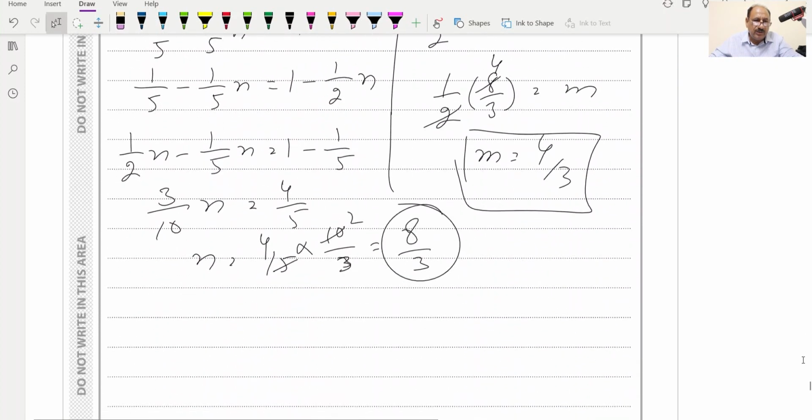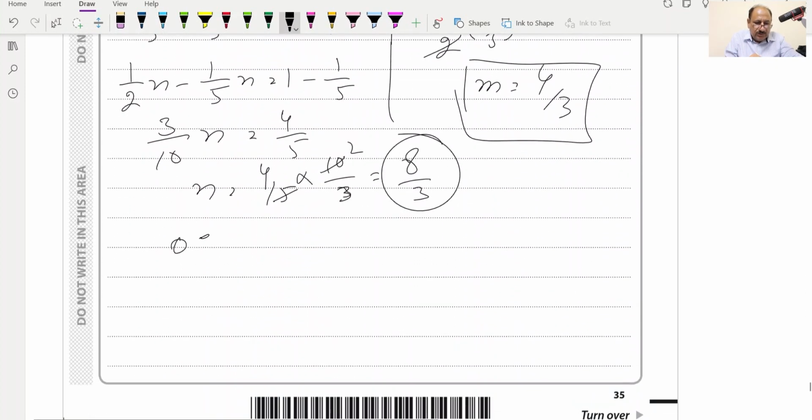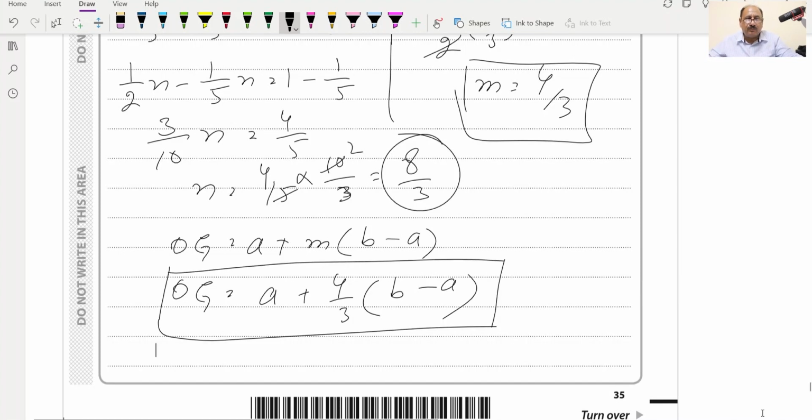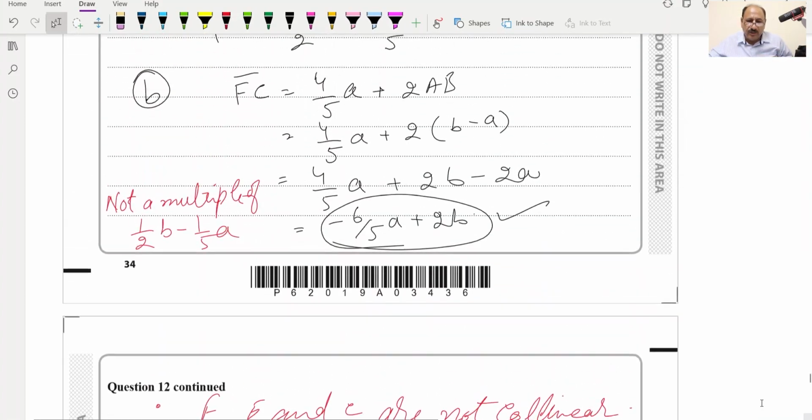OG is equal to a plus m into b minus a. So OG will be equal to a plus 4 by 3 into b minus a, and this will be the position vector which we were supposed to find, which we have done.